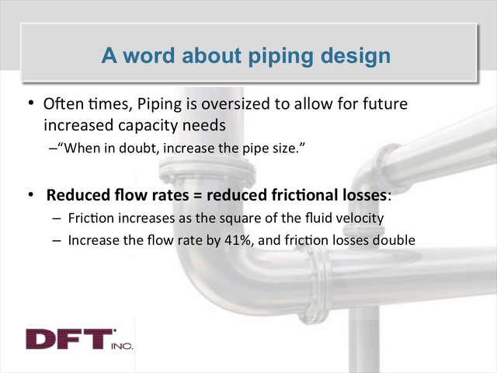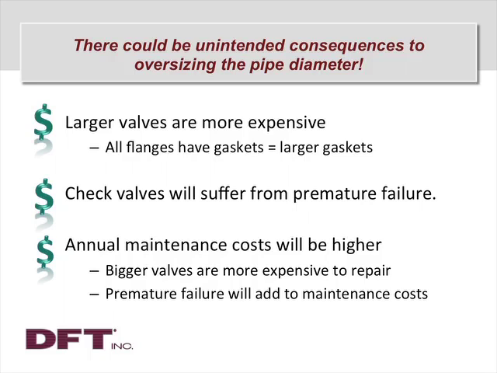And sometimes, the assumptions that they're making during the piping design process are a worst case scenario, like a loss of coolant condition in a power plant. So it's important to know what's going on in the piping design people's heads at the beginning of the process. The reason why it's important to know what was going on in their heads during that iterative design process is that there could be unintended consequences of oversizing the pipe diameter.